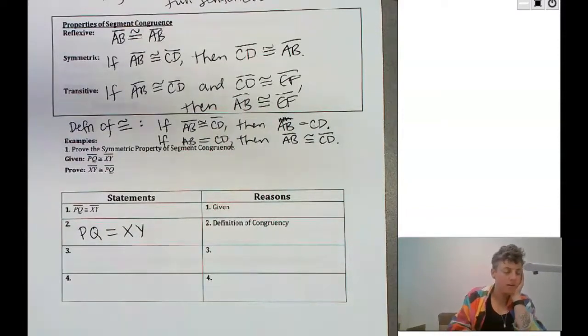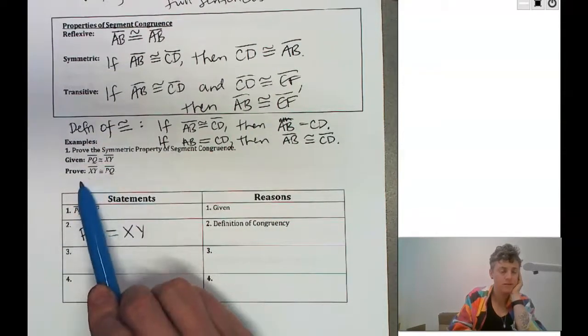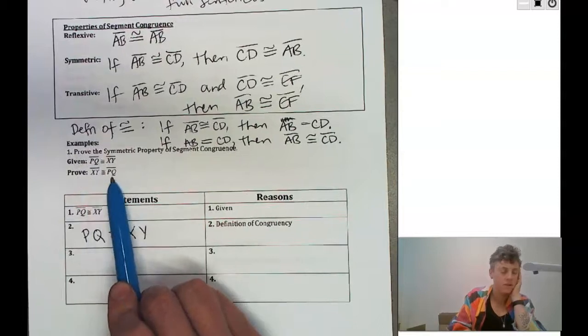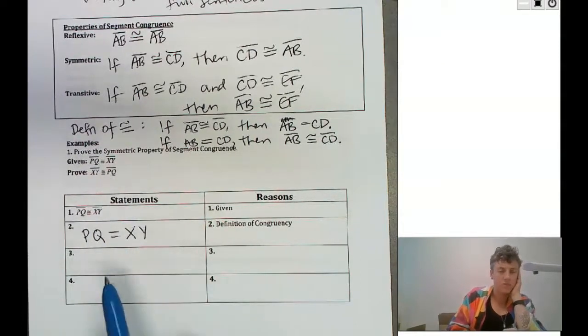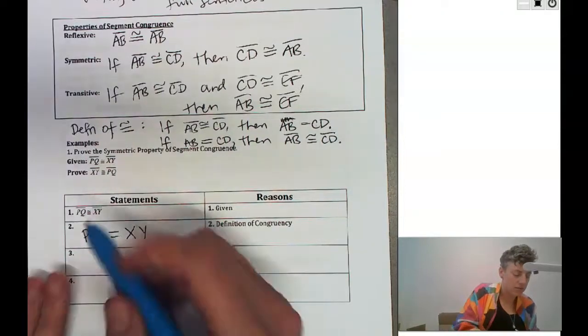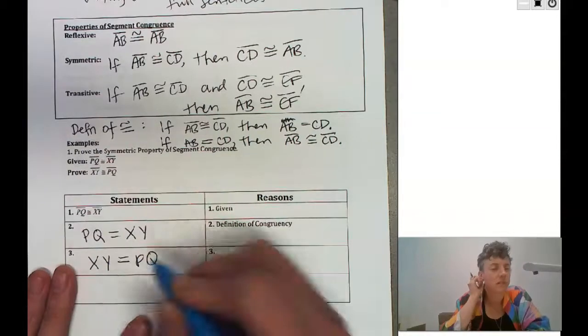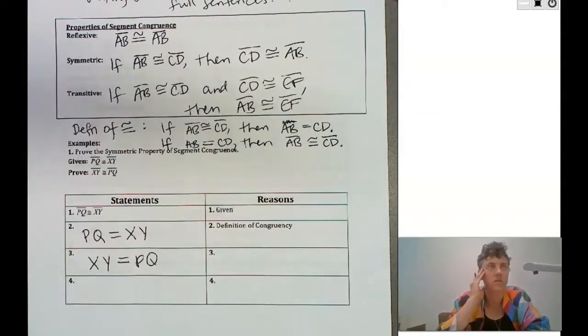Now we really want these to be in the opposite order. All right, that's what we're trying to prove, that segment XY is congruent to segment PQ. So we need these to be in the opposite order. Why is it true that XY equals PQ? Let's think back to our properties of segment equality now.